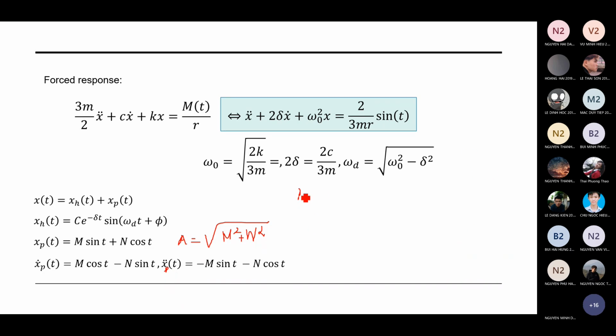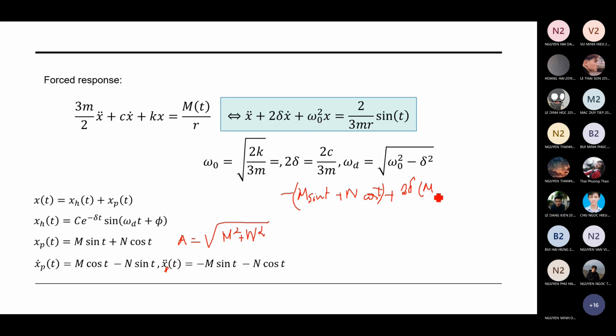So we have M sine t plus N cosine t, and plus this h double dot. And the second one is plus 2 delta multiplied with h dot.